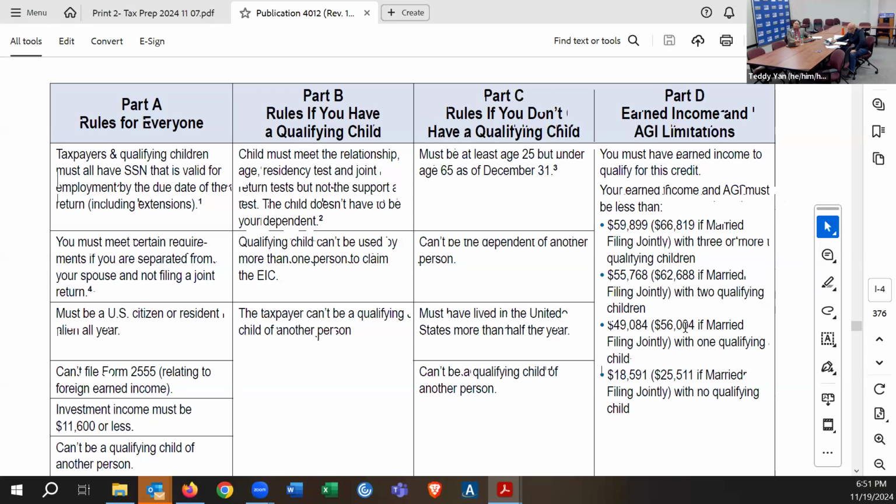And these thresholds do change based on marital status. If someone is married, they have a slightly higher threshold. And if you see the threshold for married filing jointly with three or more kids, it's 66,819. That might have something to do with why our soft income cap is $67,000.